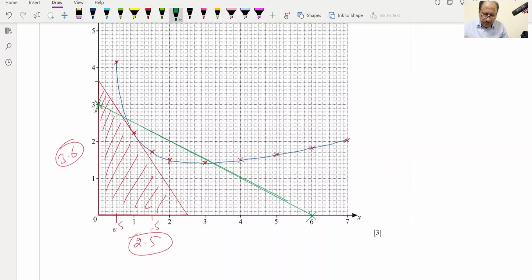I will be rectifying this line, this one, because my scale is a little smaller.